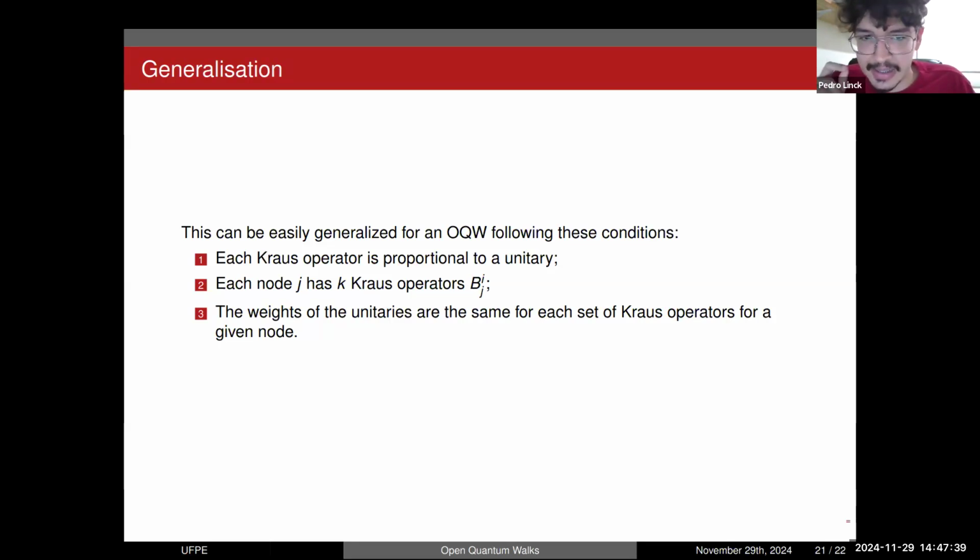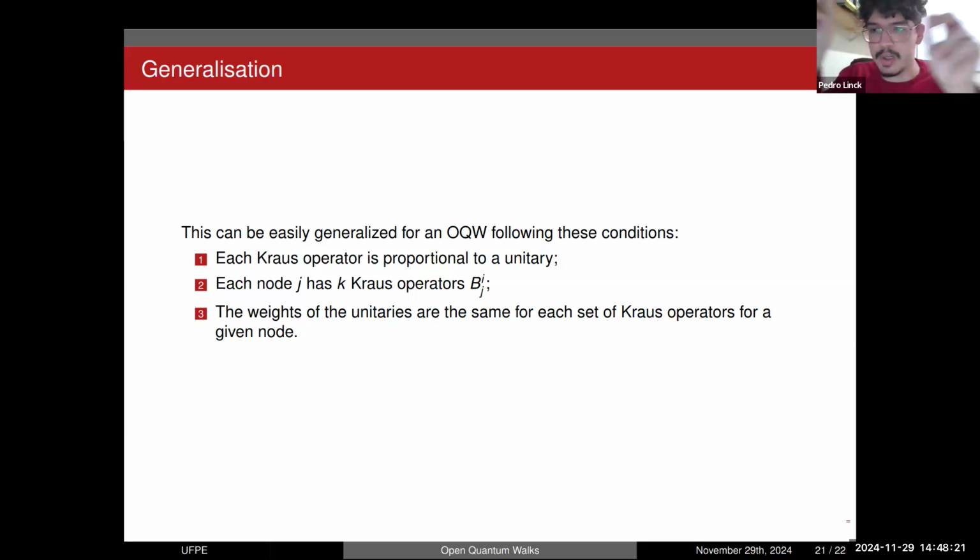Each node has k Kraus operators, and the weights of the unitaries are the same for any node you are given. For example, here, in the case where each node has two Kraus operators, you have omega and lambda as parameters and two unitaries. These unitaries can change, of course. We saw that they can be U1, U2, U3, U4, but the weights are the same. It's always omega and lambda, omega and lambda, omega and lambda, and in each node you have two Kraus operators going left and right, and of course they are proportional to unitaries.